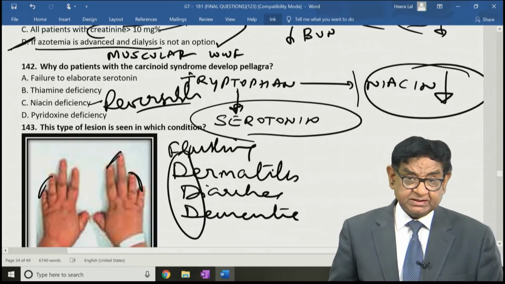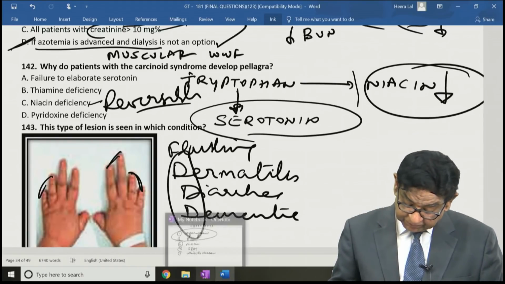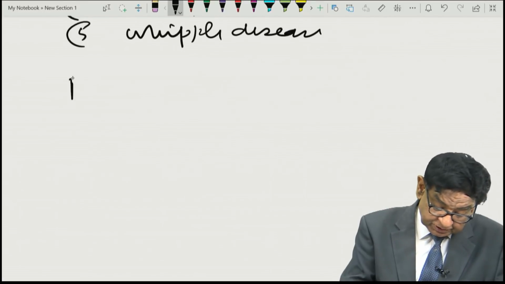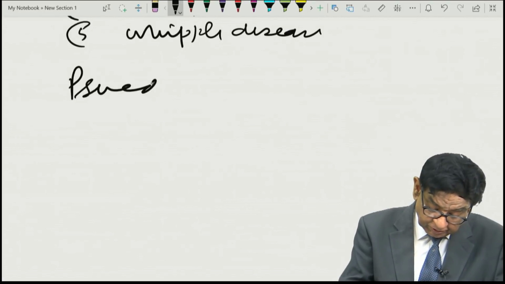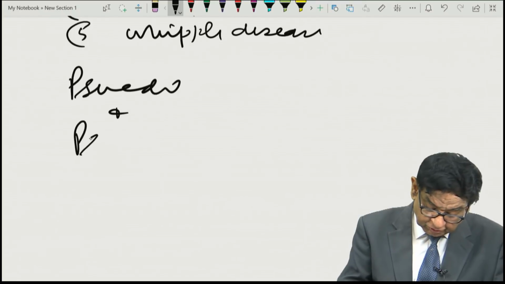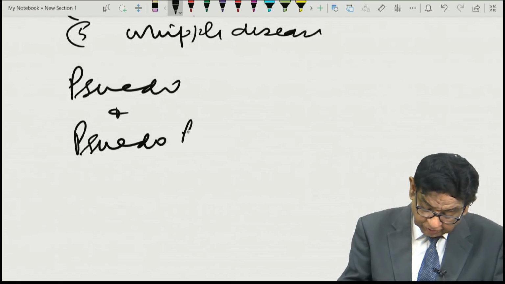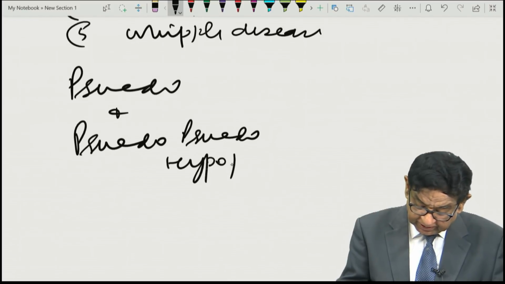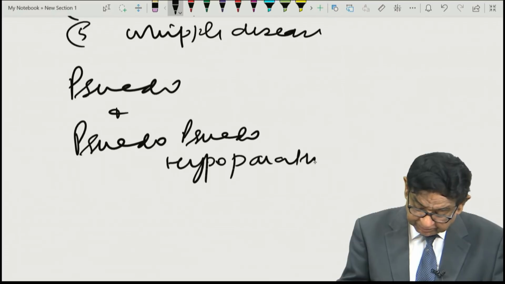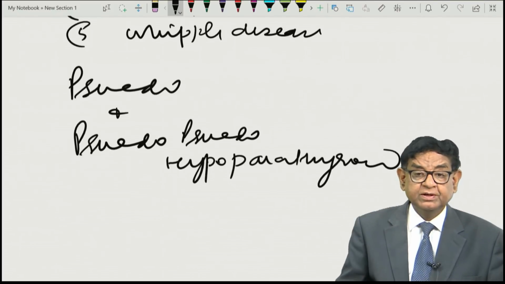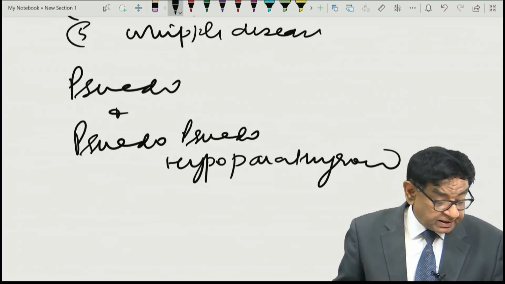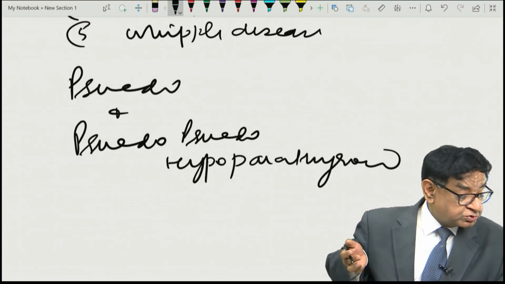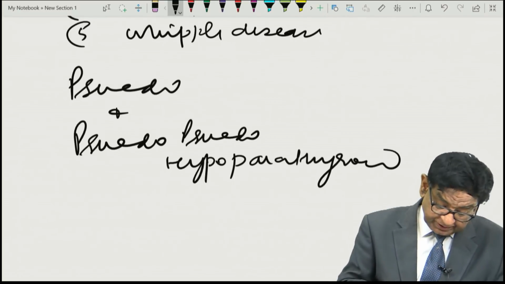And this is classically seen in pseudohypoparathyroidism. Okay. In fact, in this case, we have the option of pseudohypoparathyroidism.